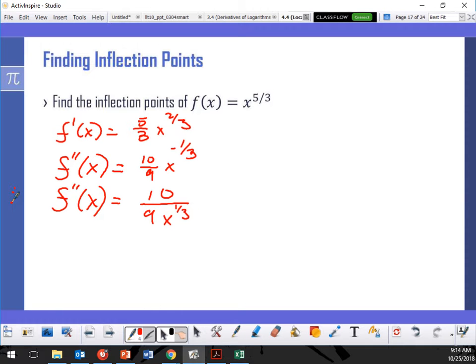I have an x in the denominator, right? What can I not have in the denominator? 0, because that would be undefined. So, is there a point at which I cannot have it at all? Yes, 0, right?